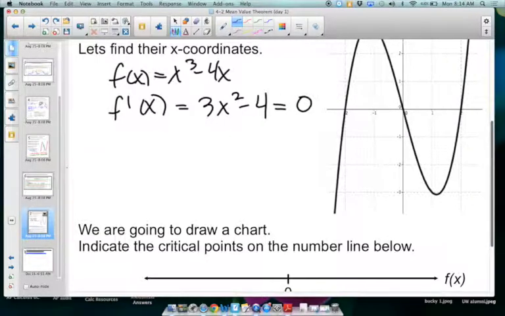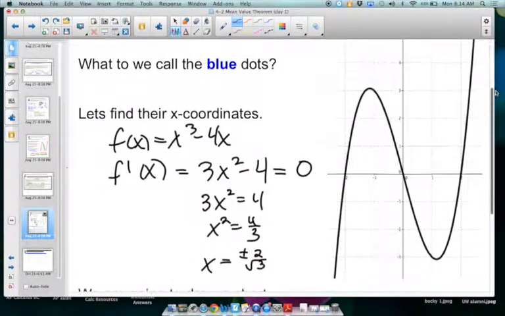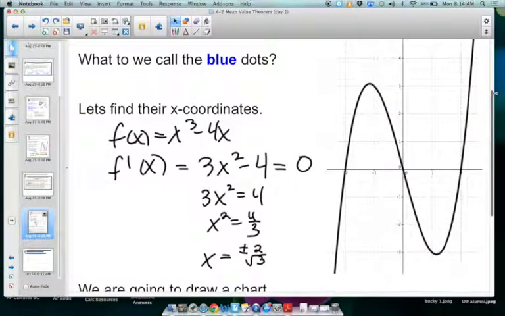So what are those critical points? How many critical points do I have? Where do they come from? Plus or minus? Okay, so we have these critical points at two locations, a little over -1 and a little over +1.